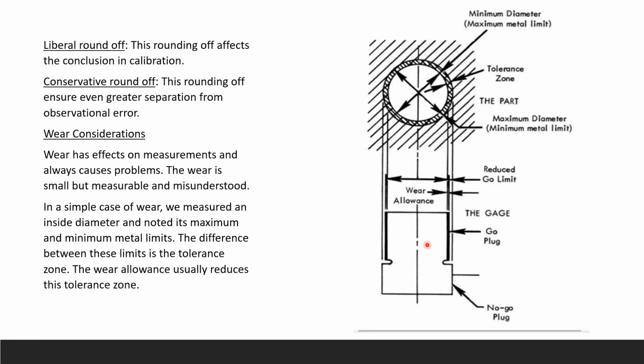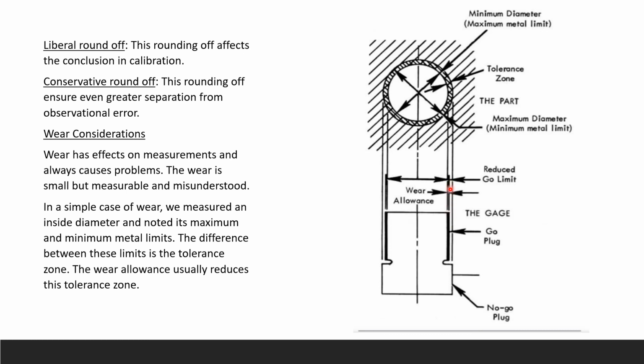And here, this is just a gauge studying that measurement. Go is okay, and no go is not okay. Here you can see your little wear allowance. If you trace this, you're going to see it is eating up this tolerance zone area right there. You should be able to look at the picture and understand where the space is going.